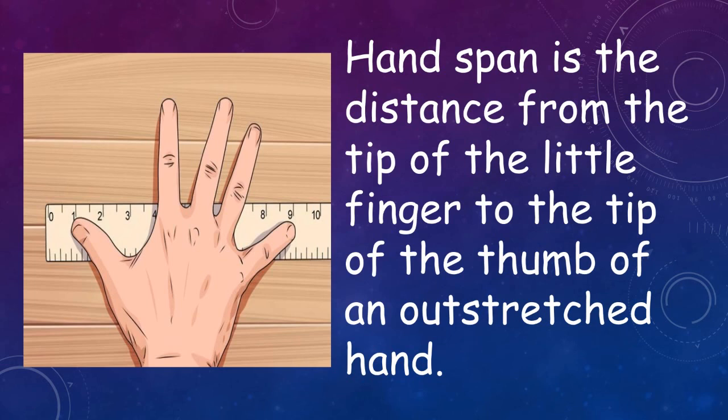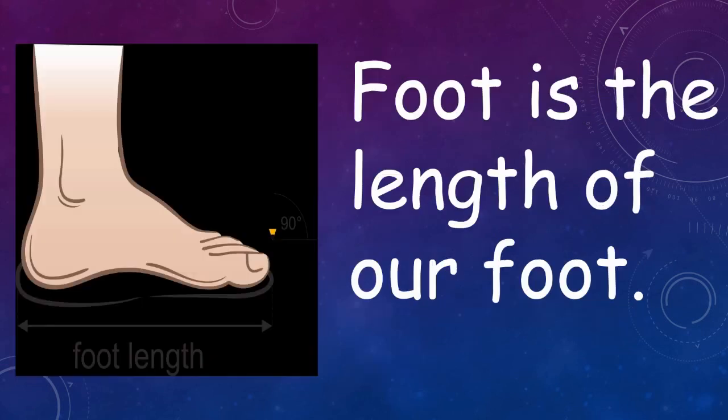What is meant by handspan, children? Span is the distance from the tip of the little finger to the tip of the thumb of an outstretched hand. Foot was also used for measuring length in early times.